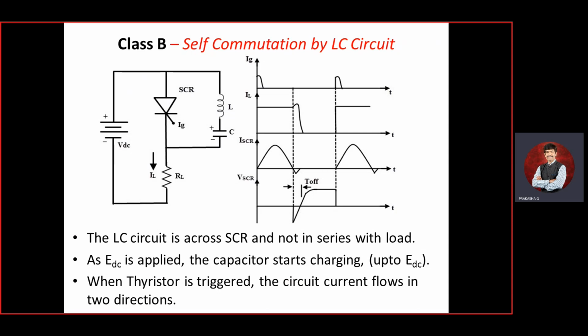Okay. So for the thyristor to be triggered, I have to give the IG. Then only the thyristor will be triggered. Until you give the IG, the thyristor is not triggered, not on, not active. When the thyristor is triggered, the circuit current flows in two directions.